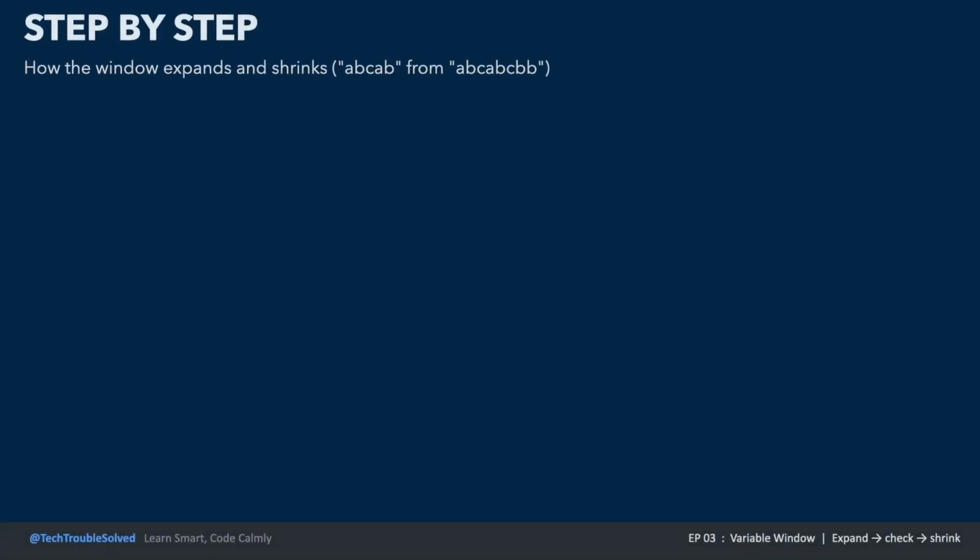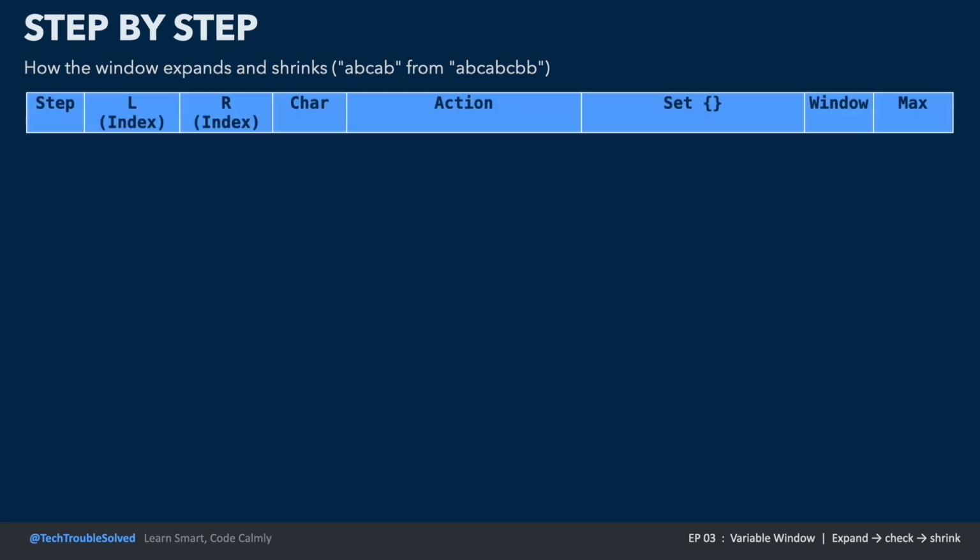Okay, before we look at the code, let's do a full walkthrough by hand. I want you to see the window moving. We are using A, B, C, A, B, the first 5 characters of our example. There is a table on screen with columns step, L, R, char, action, window, and max. Follow each row as I go.